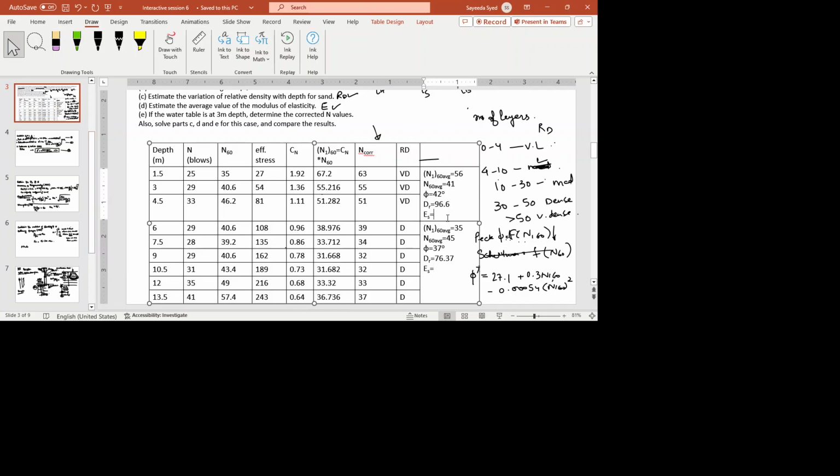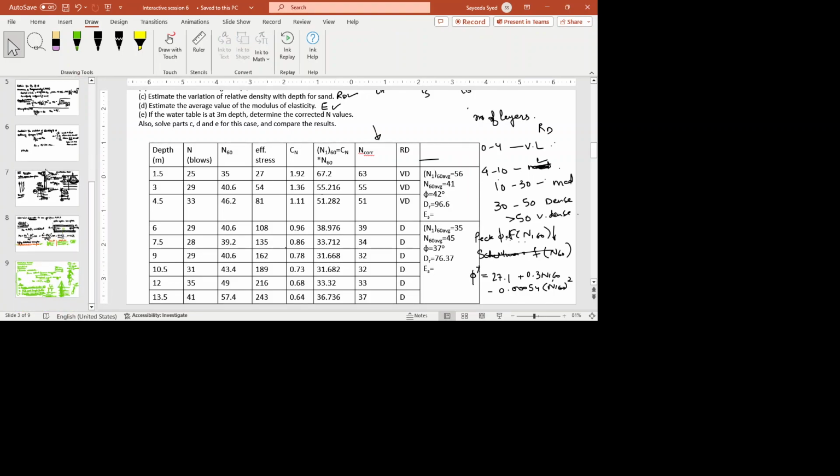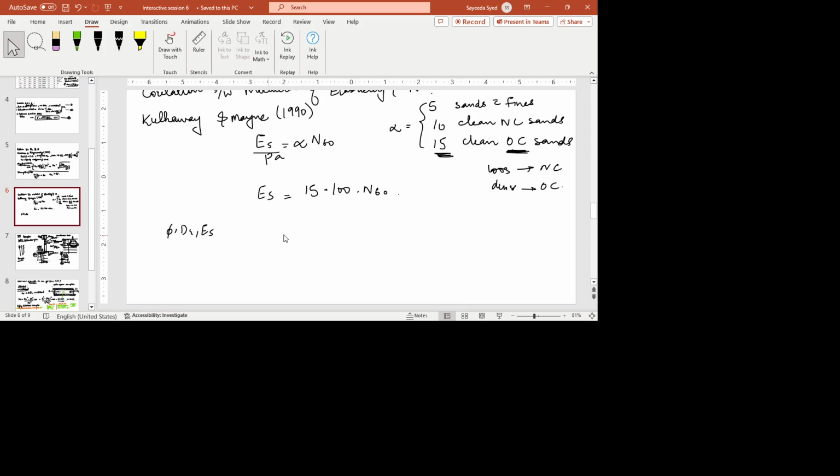and for Es we established this relation 15 into 100 into N60. And what will be the unit? Let me cross check.